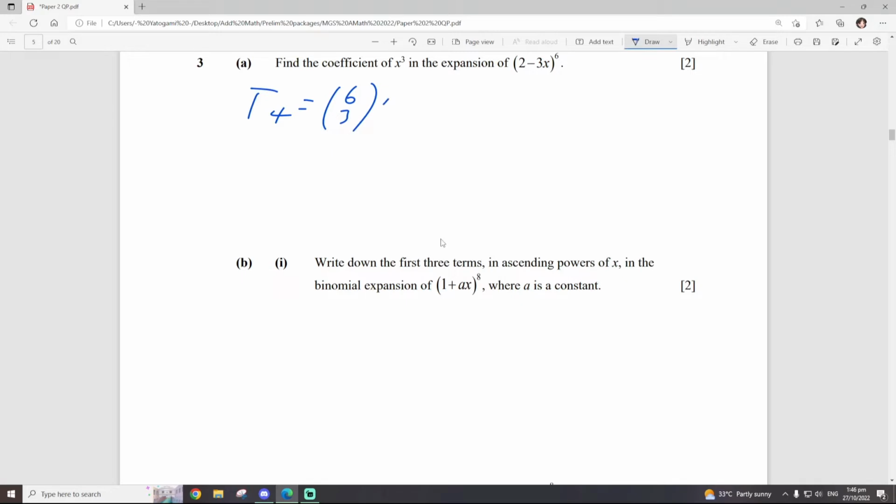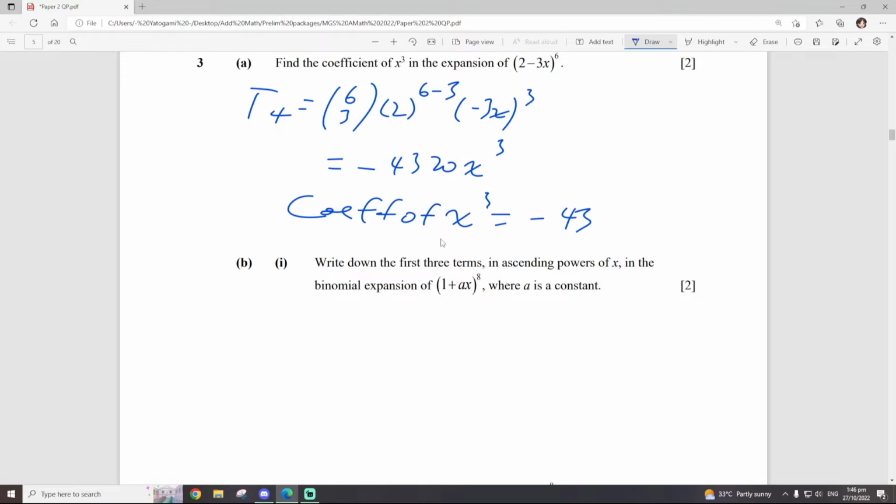Then you take the 2 to the power 6 minus 3, and negative 3x cubed. Okay, then you can evaluate this. 6 choose 3 is 20, so minus 4320 x cubed. The coefficient of x cubed equals negative 4320.